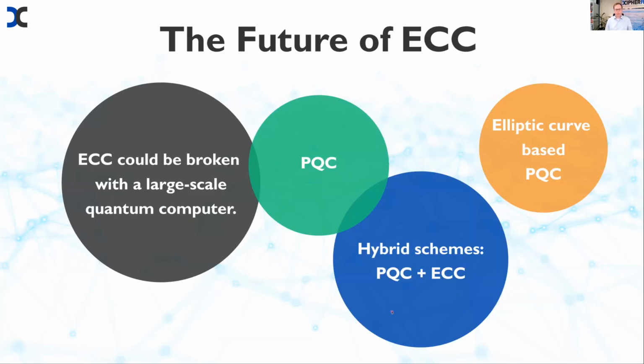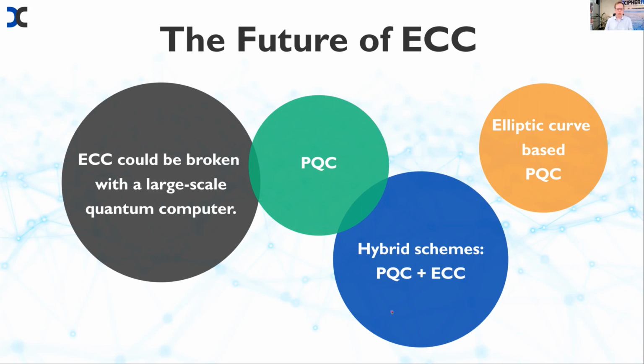Okay, and now to the actual elephant in the room that has not been touched so far, because many of you probably know that PQC is coming because ECC could be broken with large-scale quantum computers. What quantum computers would allow is to run Shor's algorithm that will break the basis of the security of elliptic curve cryptography.